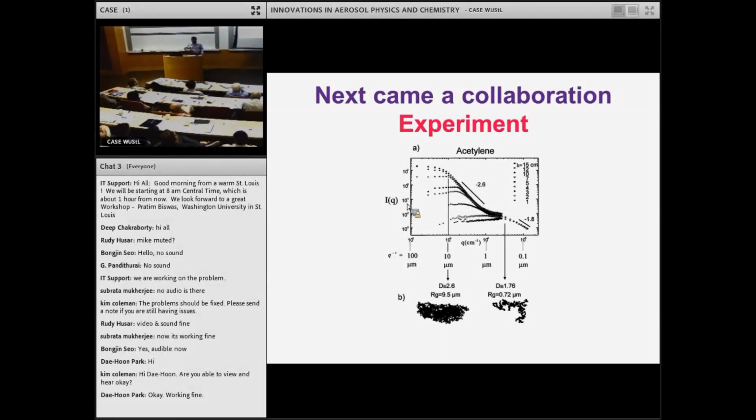So two questions come in. One, this measurement of 2.6 from scattering intensity, is that valid? Does that give you the fractal dimension? It was not known because soot has a large refractive index, and you don't know whether this will give you the fractal dimension or not. That's one question.